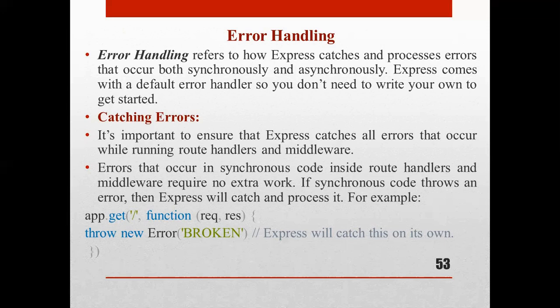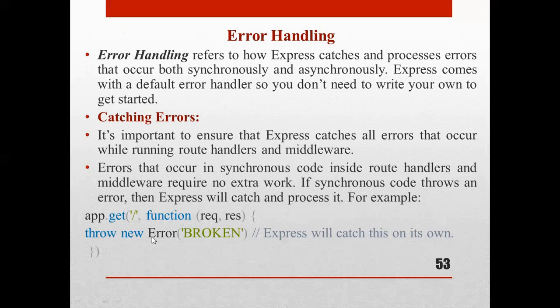How will it catch and process it here? See the example. app.get, inside the brackets in single quotes a slash, comma, the function contains the parameters request and response. See how Express will catch the error and process it here.